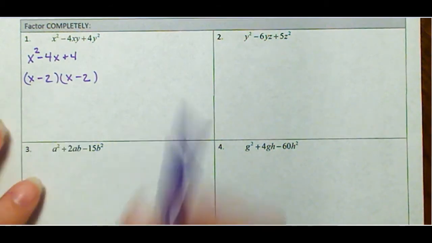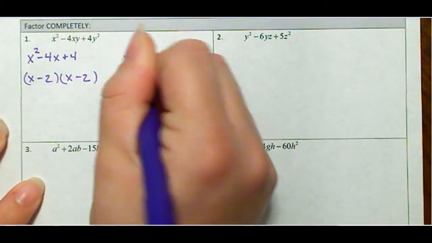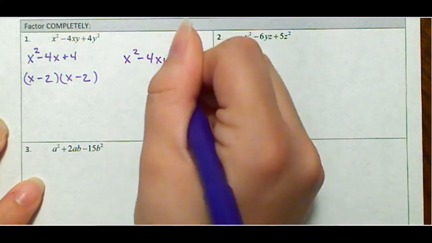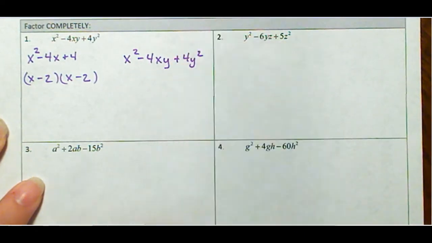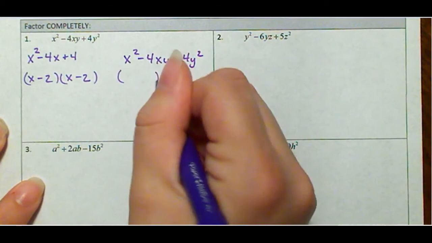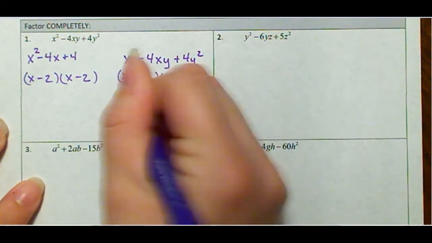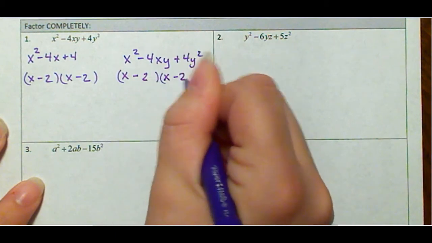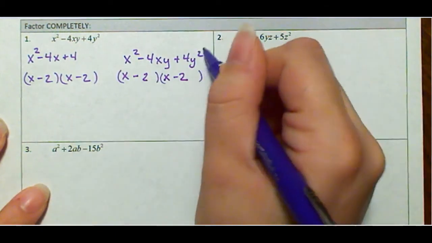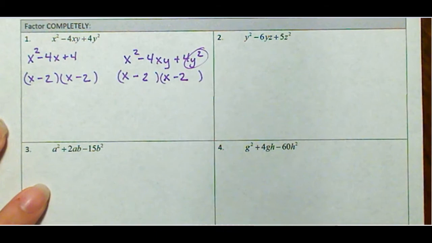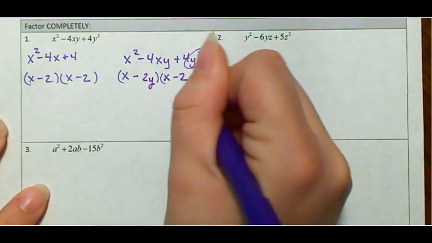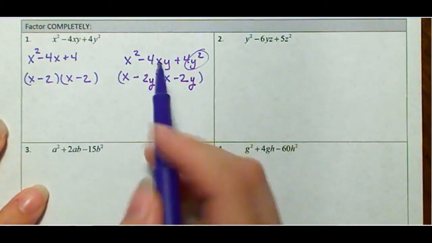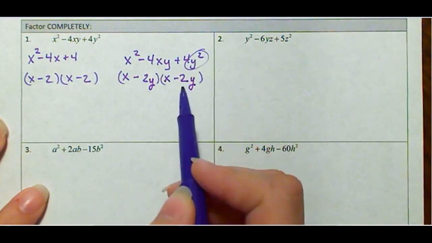Now, the only thing different is we actually have a y on it. So you do it the same way. You start with what you know about the x's, x, and it would still be minus 2 and minus 2. The only thing is we have to add the y on to the second term. So we're going to put a y on this one and a y on this one, because that's not just 4, that's 4y squared.